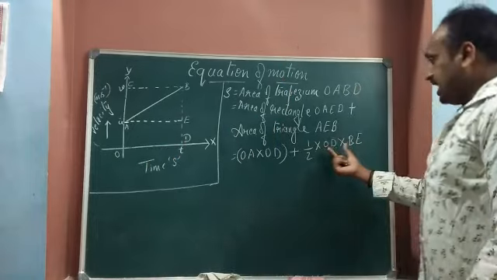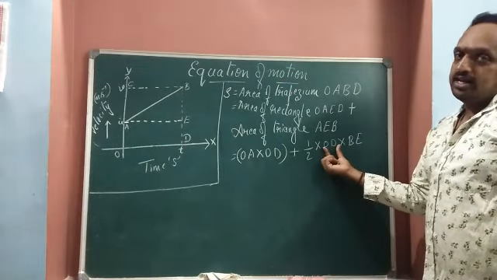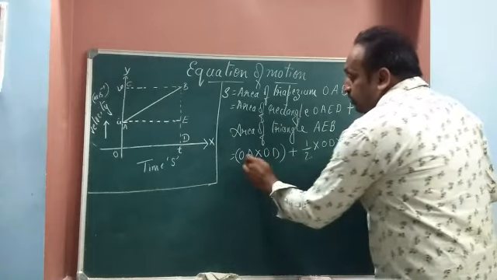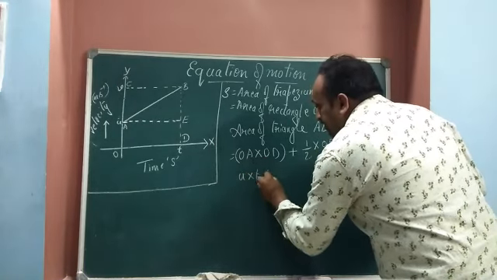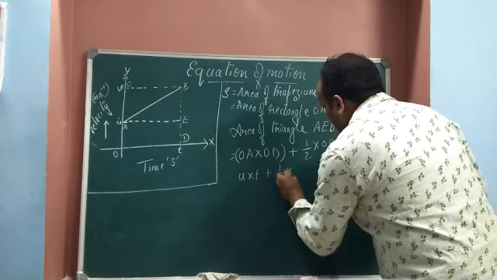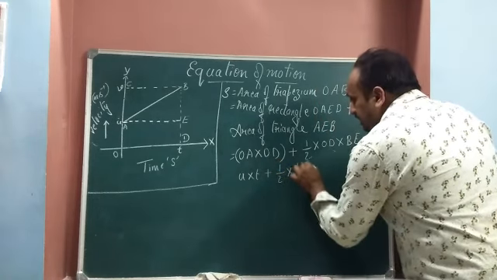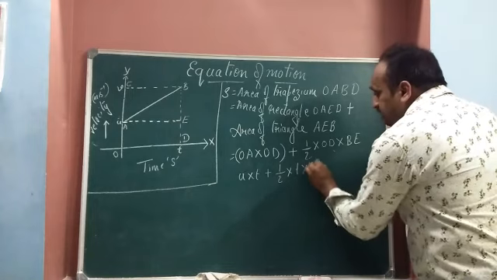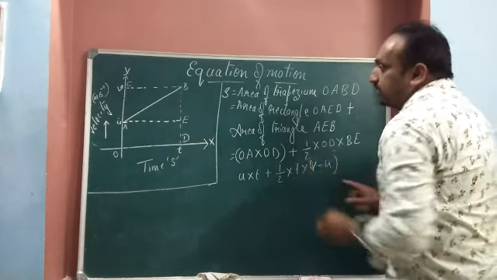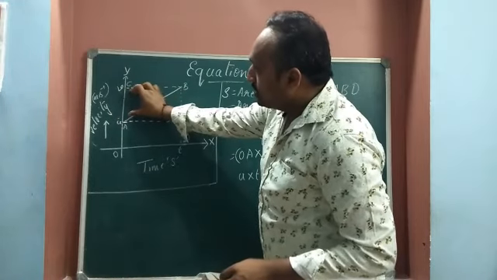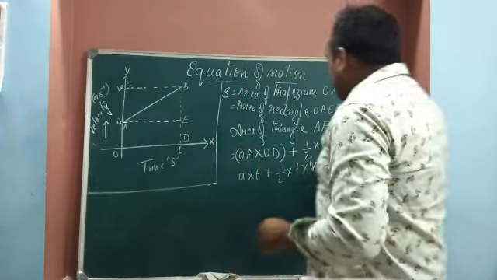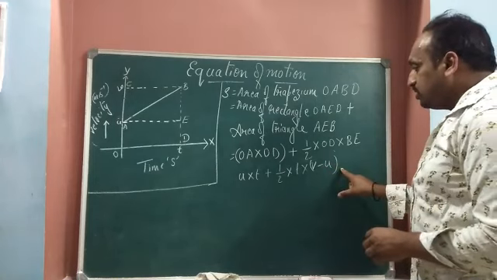That is the reason I have directly written OD. Now substitute the corresponding values. OA is U into T plus half into T into BE, which is V minus U. So BE is nothing but OC minus AC, nothing but V minus U.